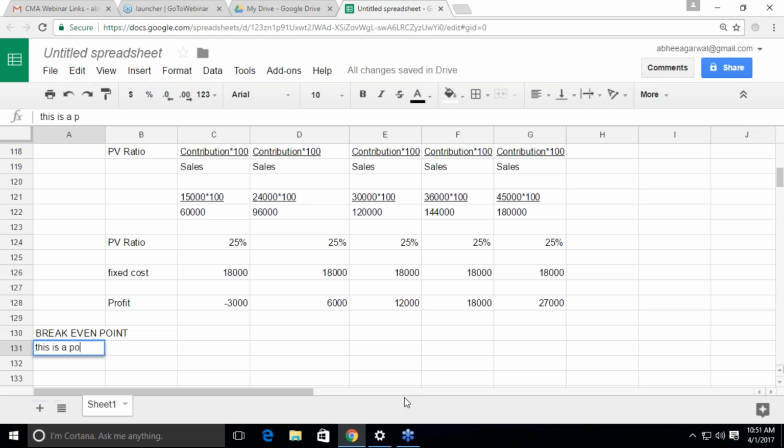This is a point of sale where no profit or no loss situation exists. No profit, no loss situation.